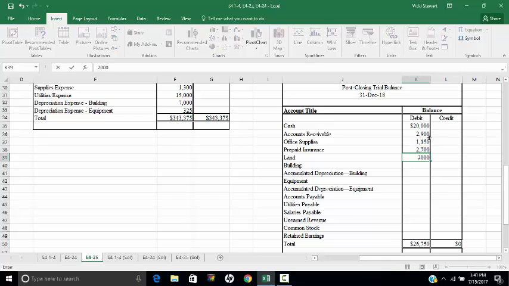So I'm just listing the amounts. These are actually, up until we get to retained earnings, the same amounts that we have in the adjusted trial balance. Just make sure that when you are recording these that you're putting them in the right column and that you're transferring them at the correct amount.